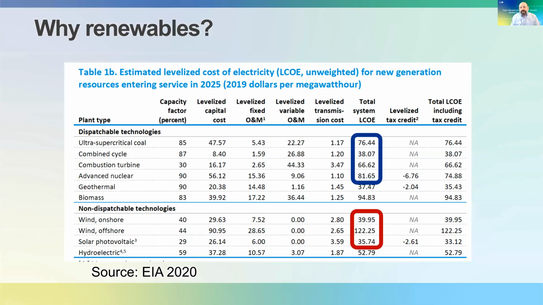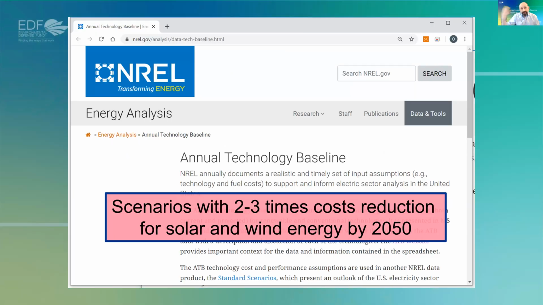So why, for example, renewables evaluation? Why renewables? Well, because it's a new era. If we look at the numbers, the Energy Information Administration published this year that wind and solar energy are already cheaper, and projections say costs will potentially be even 2-3 times lower in the future, which is very probable.